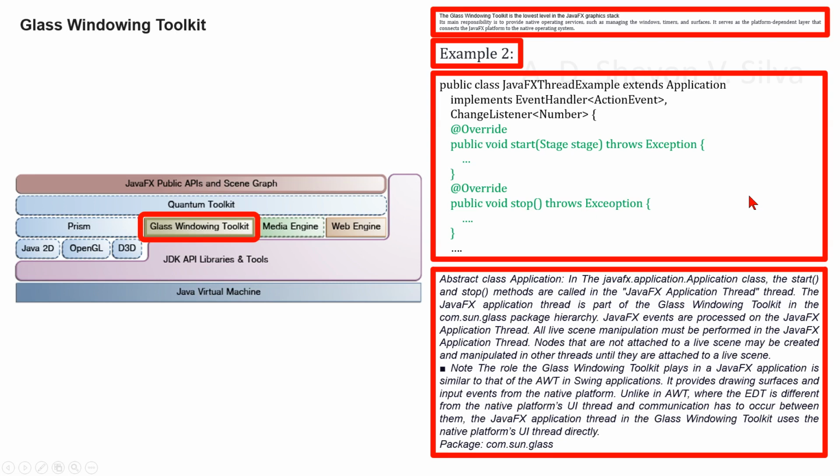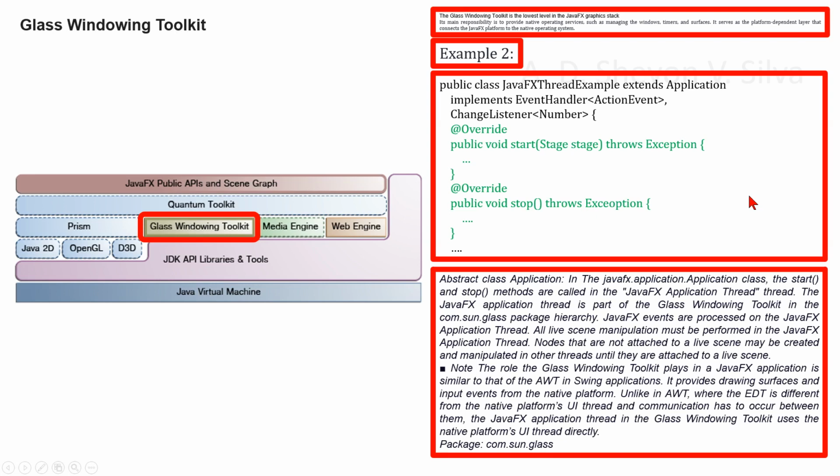Note the role the Glass windowing toolkit plays in the JavaFX application is similar to that of AWT in Swing applications. It provides drawing surfaces and input events from the native platform.